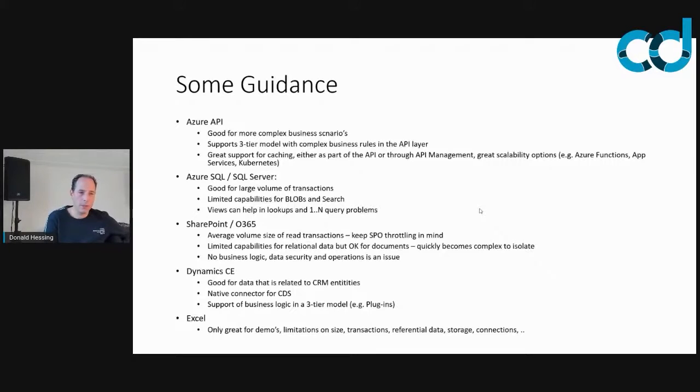Azure SQL or SQL Server also gives you some support or can help in scenarios where you have to deal with one-to-n query problems. So let's say for every person you want to query also the owner, or for every asset that you have, you want to query the owner, and these are two tables.